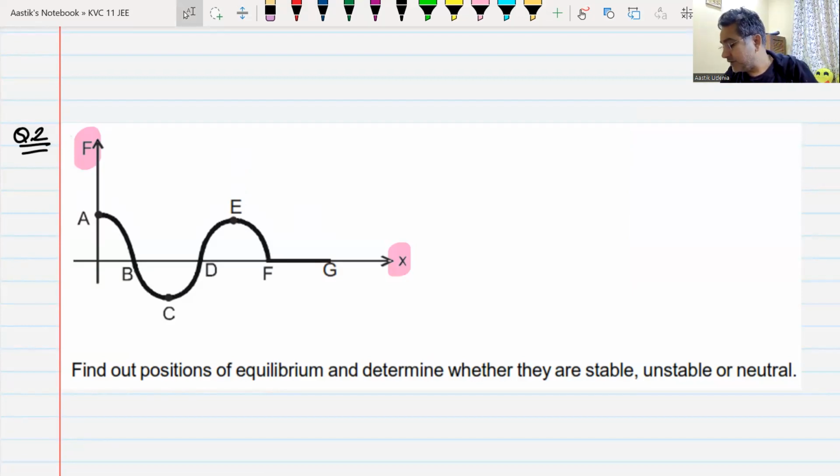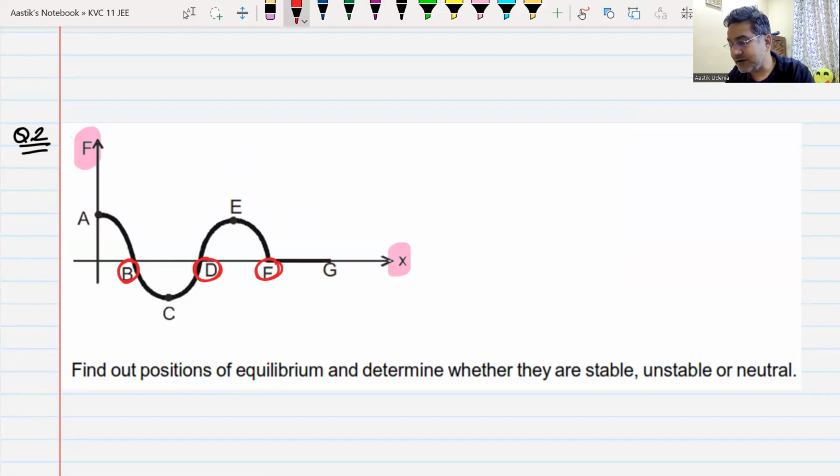Okay, so how are we supposed to do this? I look at points B, D, and F. These are the points where we have force 0. So B, D, and F are the points of equilibrium.